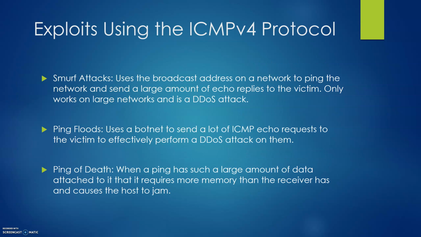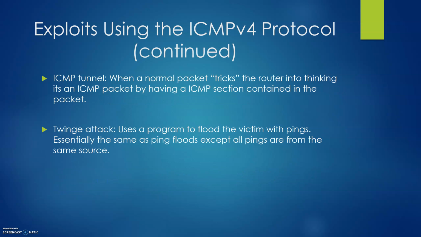There are several exploits using the ICMPv4 protocol: smurf attacks, ping floods, ping of death. Basically, these are all just ways to send a lot of pings to the victim, and they're effectively distributed denial of service attacks that just overwhelm the host and cause a lot of problems for the victim.